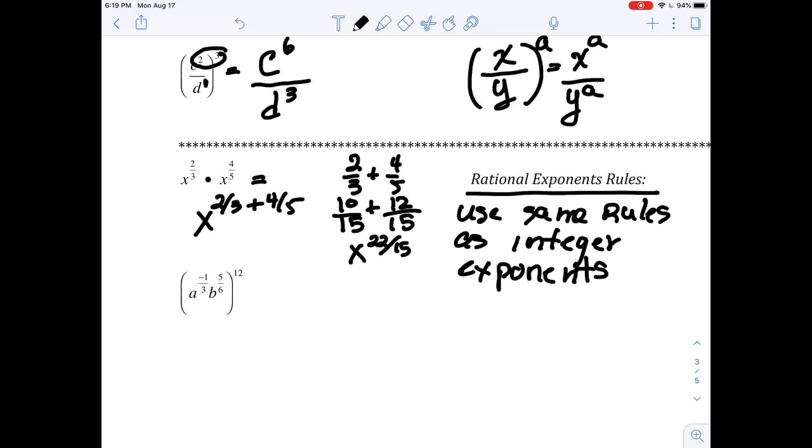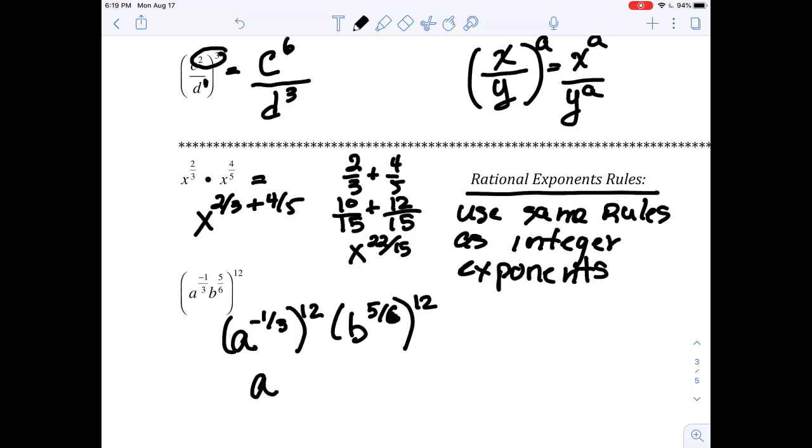So for the next example, what would this look like? Well, this would be a raised to the negative 1/3 raised to the 12. So remember, we have to distribute that 12 to both the base a and its exponent and b and its exponent. Then it would be b raised to the 5/6 raised to the 12. Now we're doing the power to the power rule.